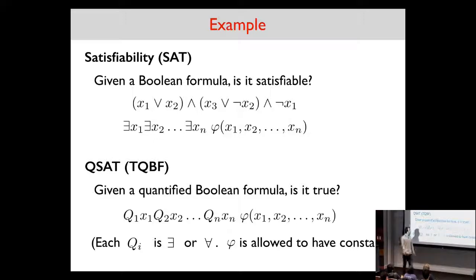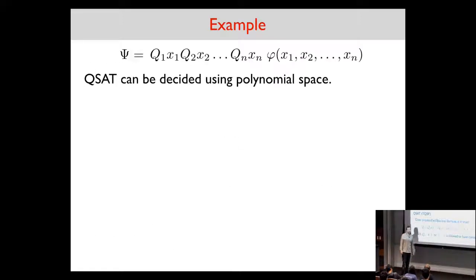And also, we're going to make a slight modification. We're going to allow phi to have constants, 0 and 1. So I could have a formula which says x1 or 1, let's say. And this is also a very important problem in computational complexity theory, it turns out.